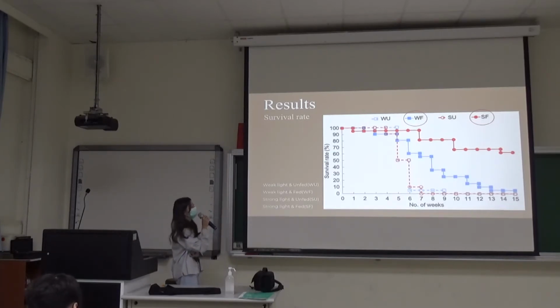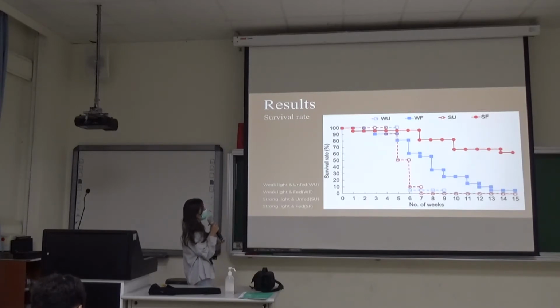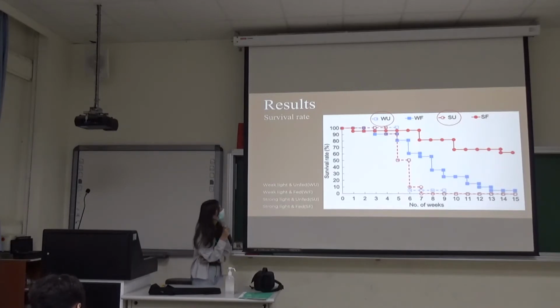We can see the red line is higher than the blue line, so we know strong light is higher than weak light. According to the second prediction, we can see the lines for weak light unfed and strong light unfed. These two lines are lower than the other two.